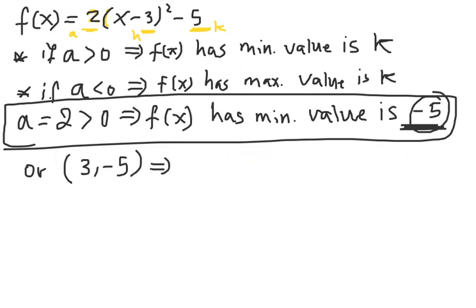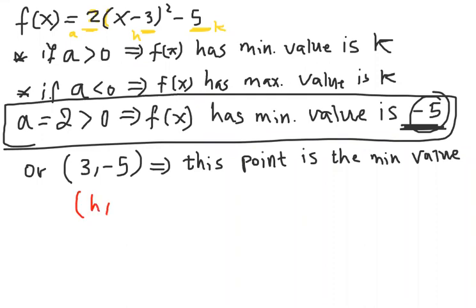This point is the minimum value. Again, the vertex is h and k. Any question?